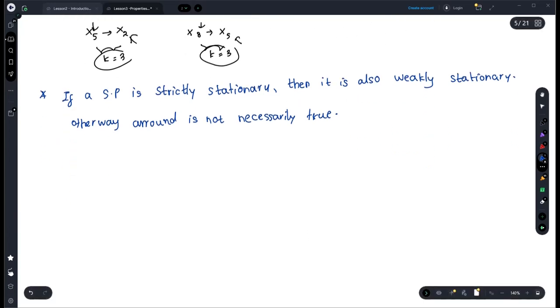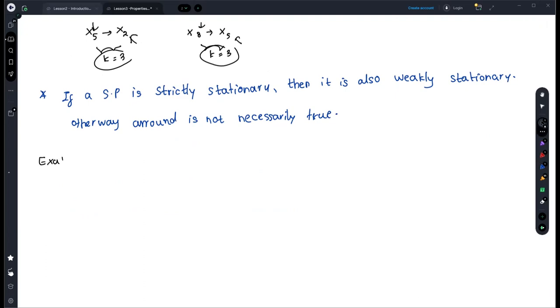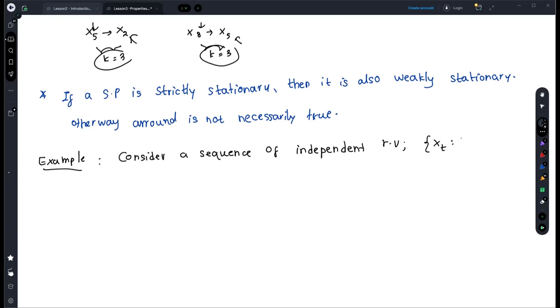Okay, so here's an example that I have used, a very common two distributions that you are very familiar with. Consider a sequence of independent random variables with following properties.